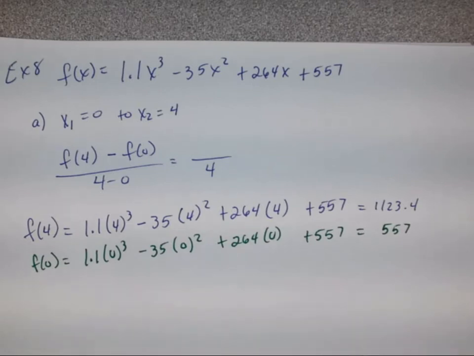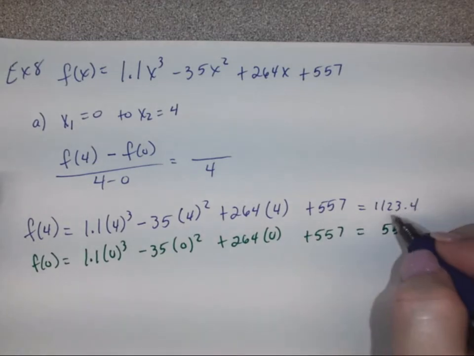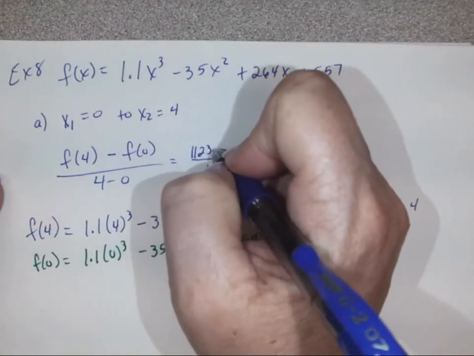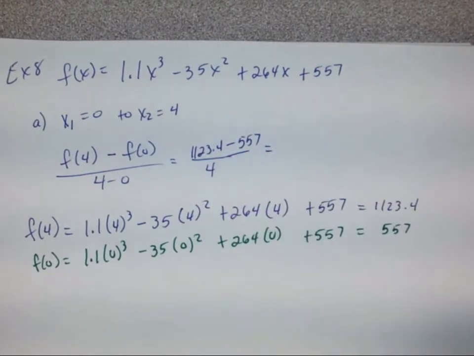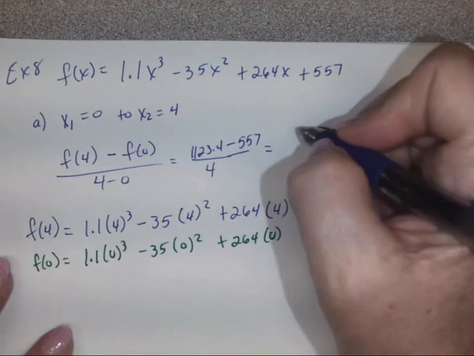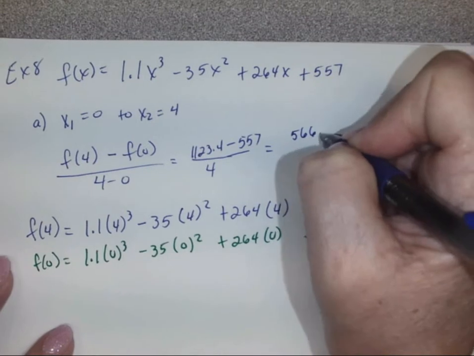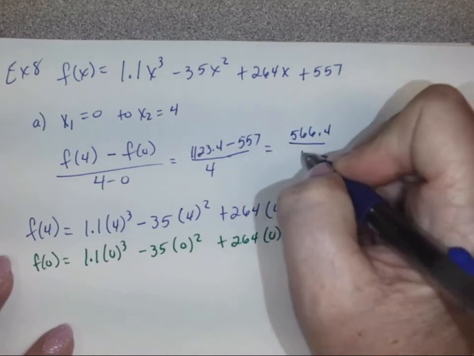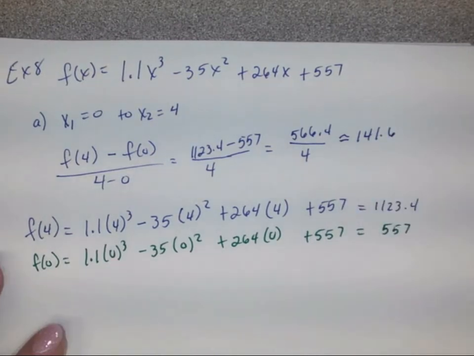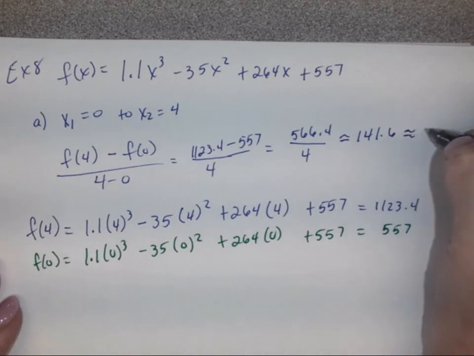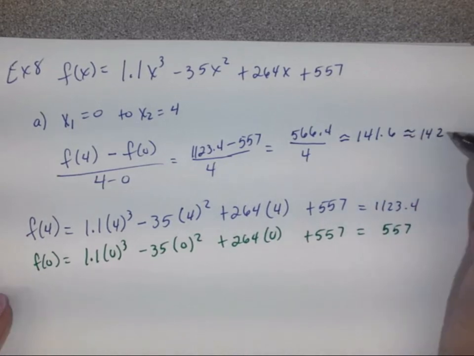So our two numbers here will be 1123.4 minus 557. That will get us 566.4, divided by 4, which will get us about 141.6. We're looking for students, so we're going to round that to a whole number of 142.